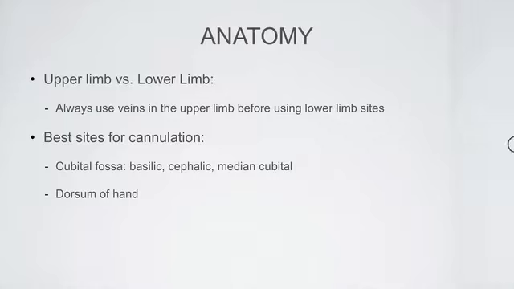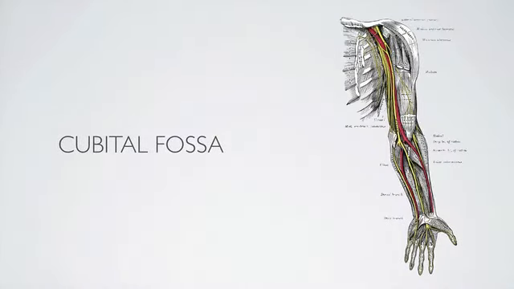So we also have to consider the underlying structures so we don't damage them when we're cannulating a patient. So when we're considering cubital fossa, we have to be mindful of the median nerve and the brachial artery running medially to the biceps tendon. And all these structures can be endangered when you are cannulating a patient.